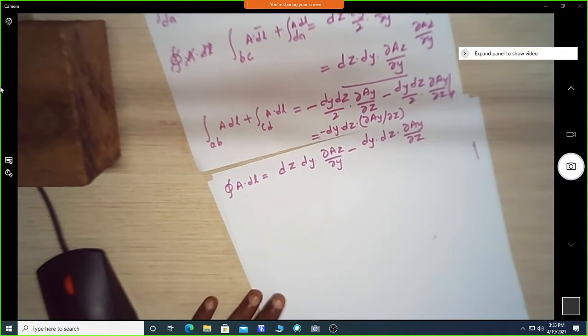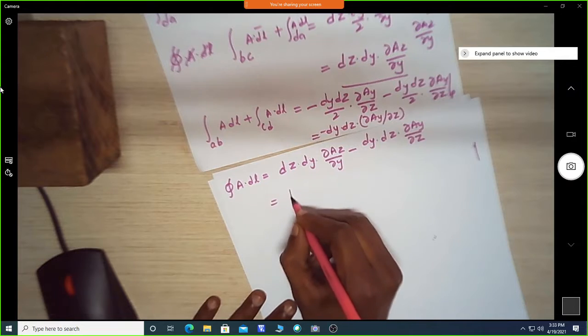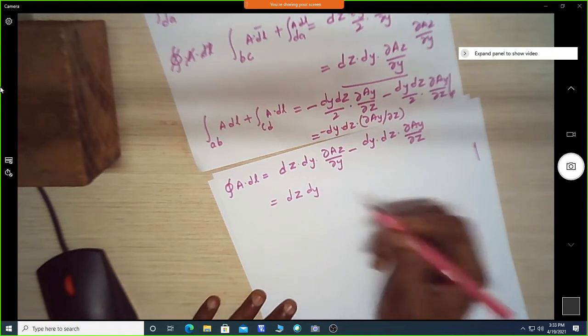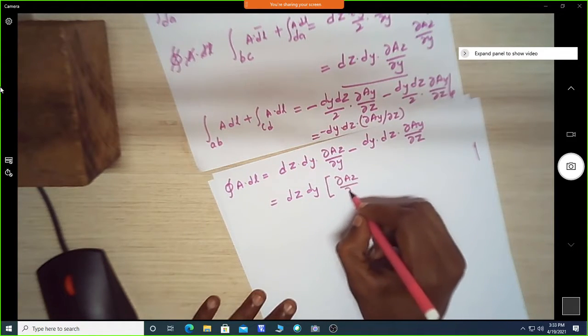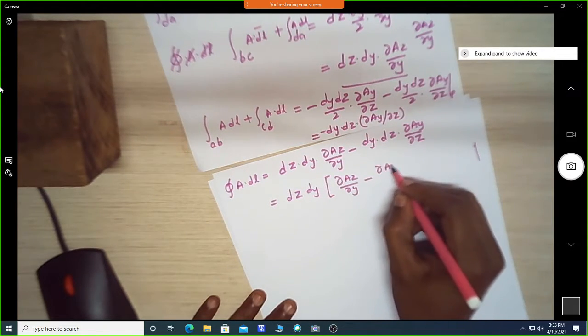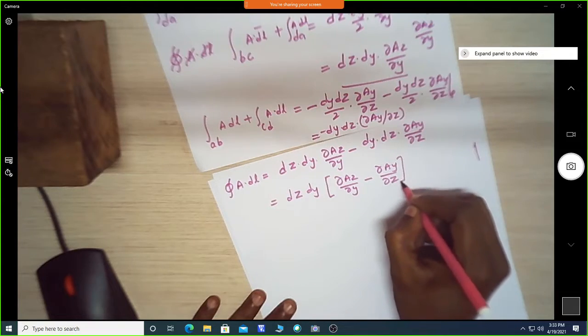Taking the common factor dy dz, you get del Az by del y minus del Ay by del z.